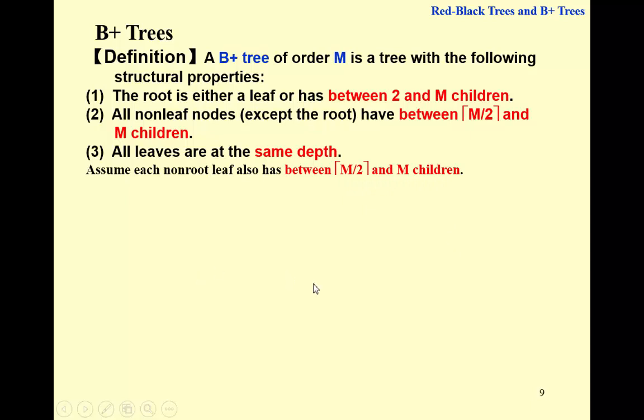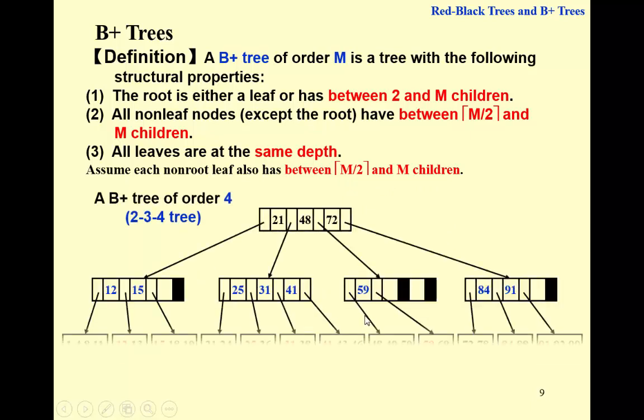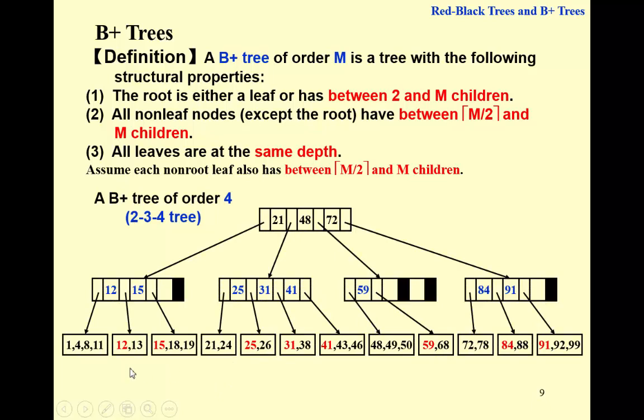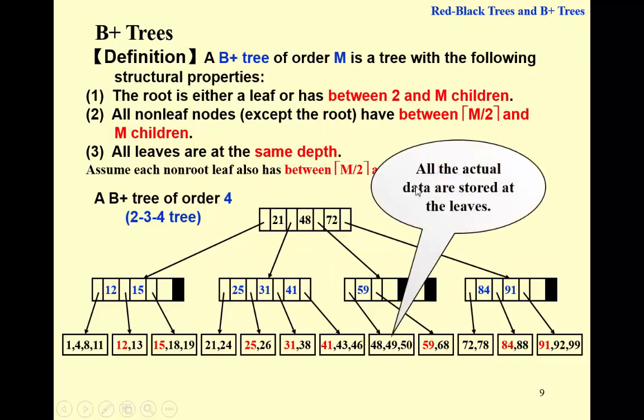Let's take a look at one specific example to have a better understanding of the structure of a B plus tree. So this is a typical B plus tree of order 4. It's also called a 2, 3, 4 tree because each node has at least 2 children, either 2 or 3 or 4 children. And all the actual data are stored at the leaves.